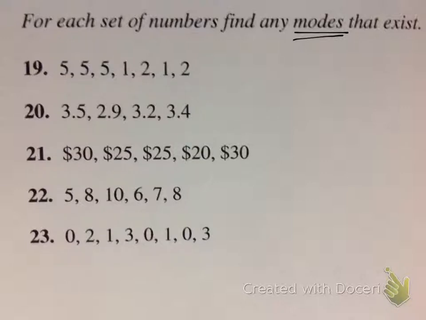For number 19, or our first example, it looks like the mode would be 5 because it occurs 3 times. If we look at the next one, I don't see a number occurring more than once, so we would say no mode.